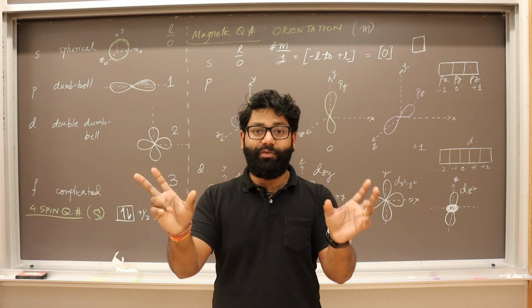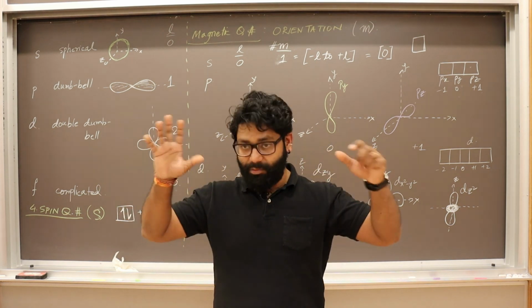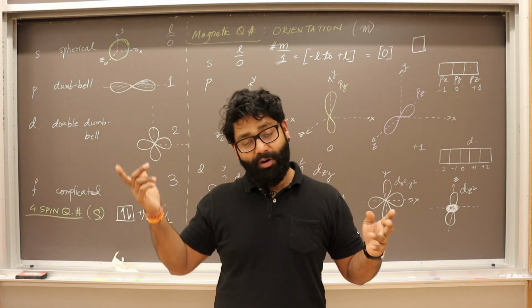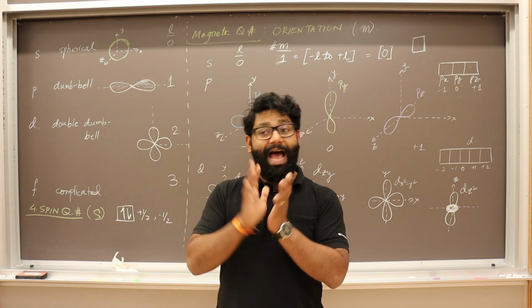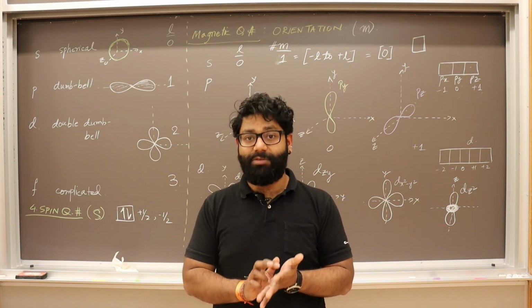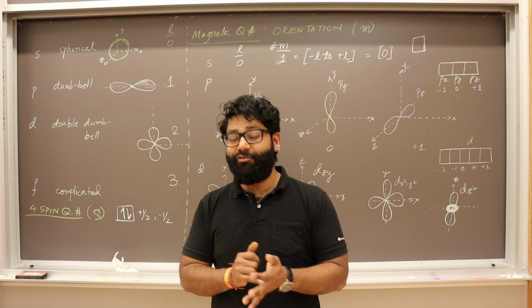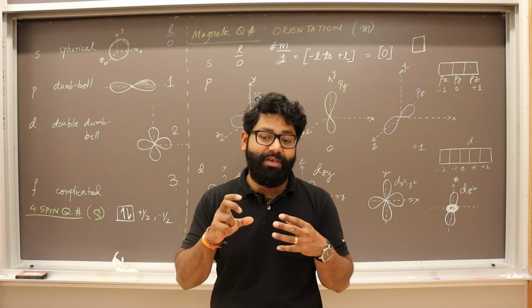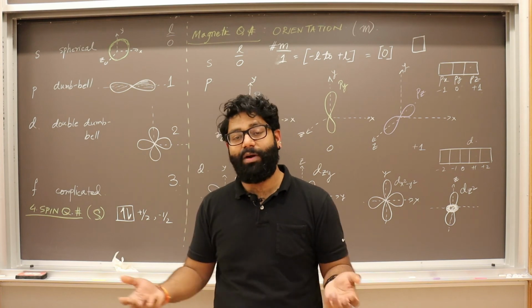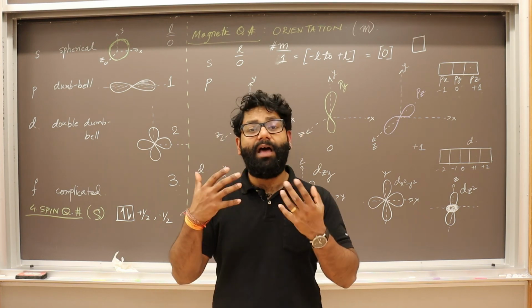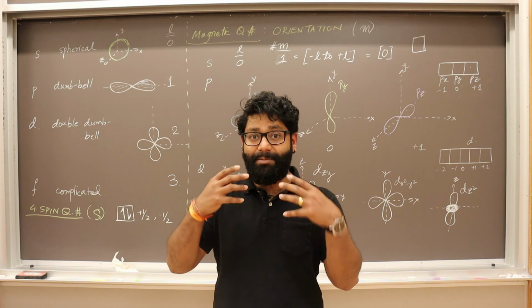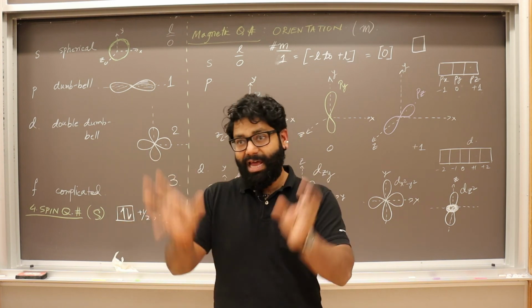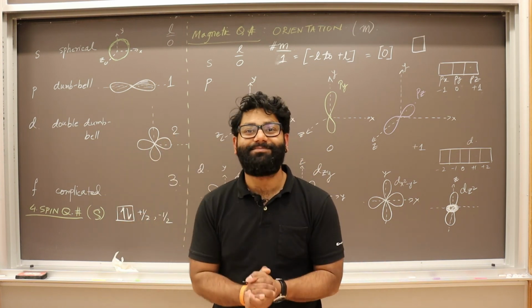So those sets of 4 quantum numbers for any electron are exclusive, and this is explained by Pauli's exclusion principle. In the next video we'll see an example of how we find out the different quantum numbers, and what the implication of Pauli's exclusion principle is, and we'll try and see what that means. Okay, awesome.